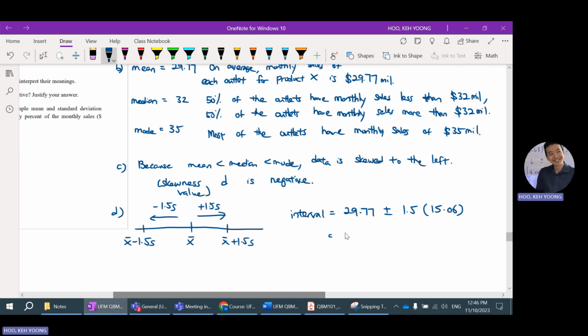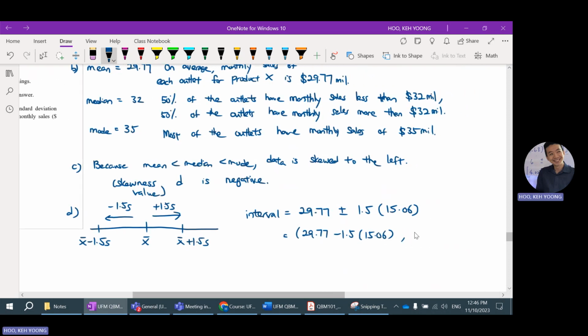When you solve this, smaller values we always put on the left, and on the right side you put the larger values.